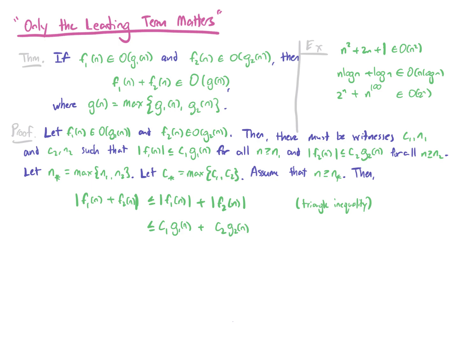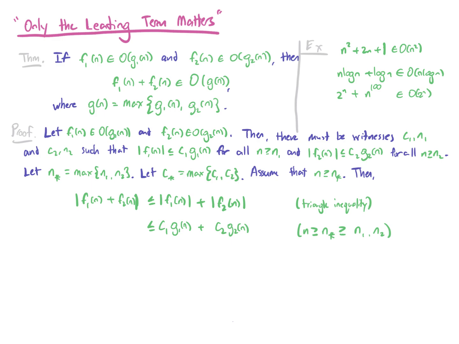And the reason that's true is that I've assumed that n is greater than or equal to n star, and n star is greater than both n1 and n2. So I've intentionally put myself in a world where n is large enough that I can apply both of these inequalities describing my big O relationships.